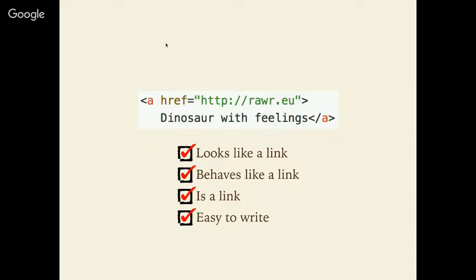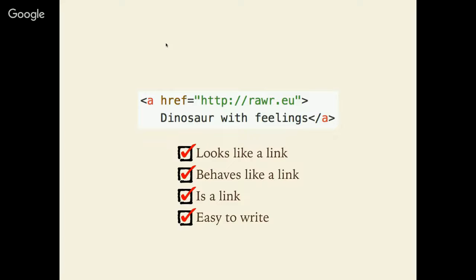Within the anchor tags is the text of the link, which in this case is "dinosaur with feelings." Underneath this piece of code is a short checklist, and this checklist is going to be repeated on all slides that have a code example.